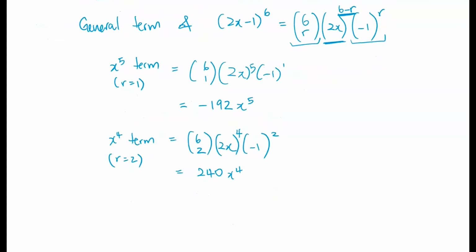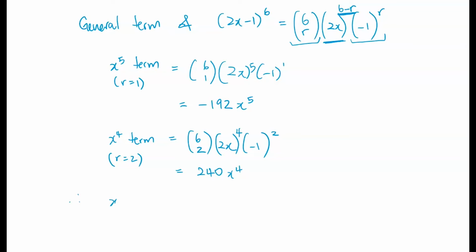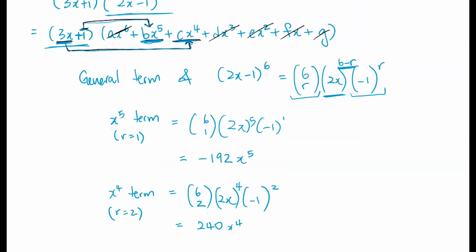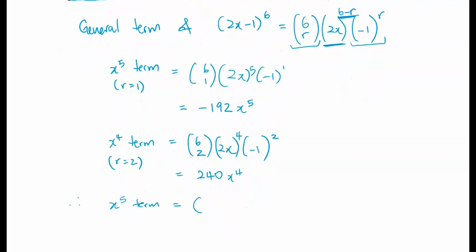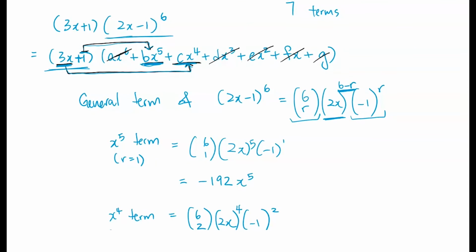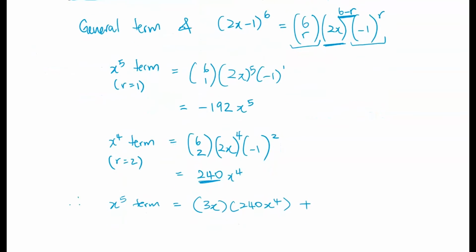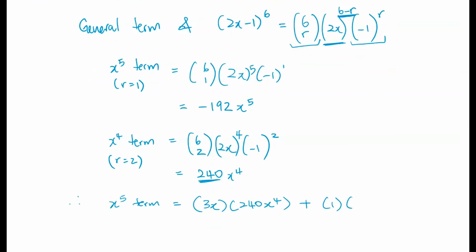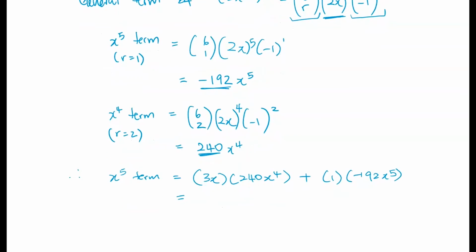So therefore, the x to the power 5 term is equal to 3x times c x to the power 4, and c I found that is 240, so it's 240 x to the power 4, plus 1 times b x to the power 5, which we know is negative 192, and that is going to give me 528 x to the power 5.